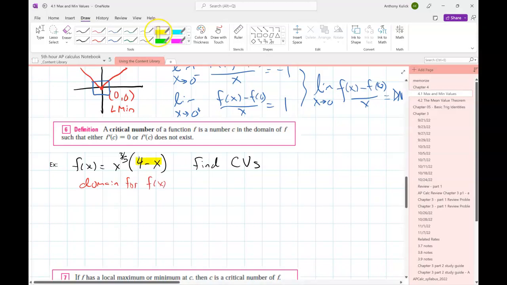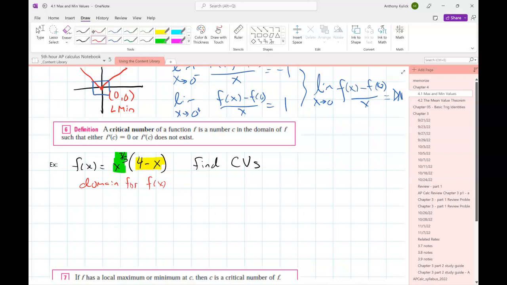So the domain for f of x is the product of two functions, right? The yellow function is a linear function, just looks like y equals mx plus b. The domain for a linear function is all real numbers. Okay? x to the 3/5 is the same thing as the 5th root of x to the 3rd.